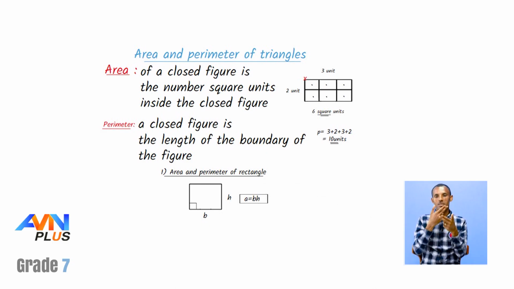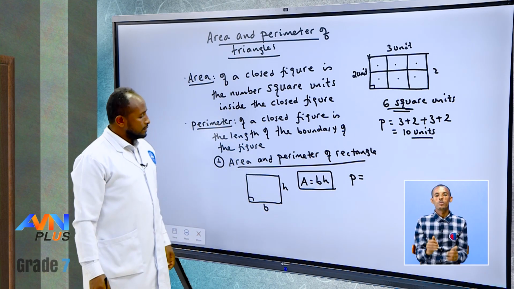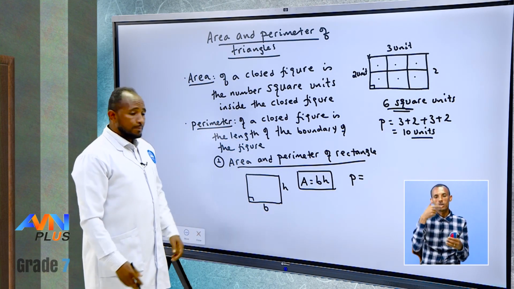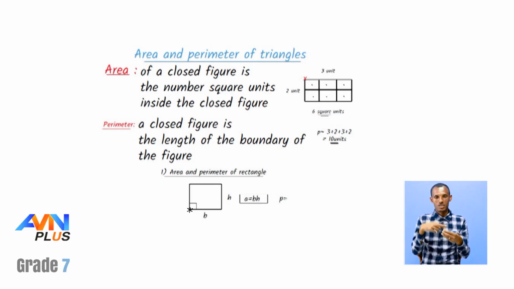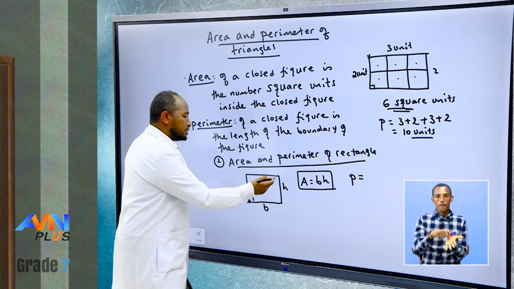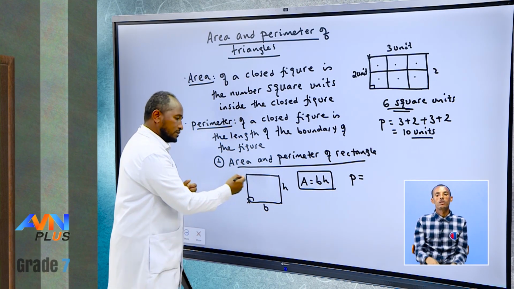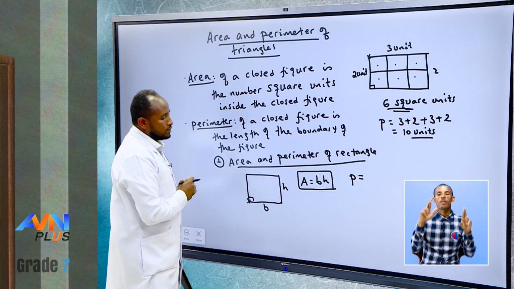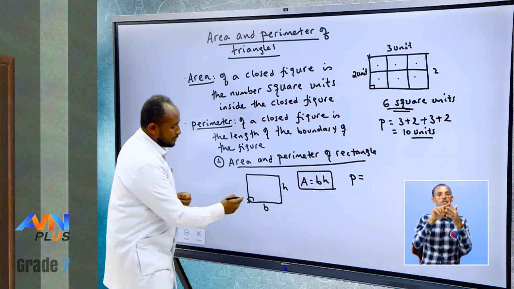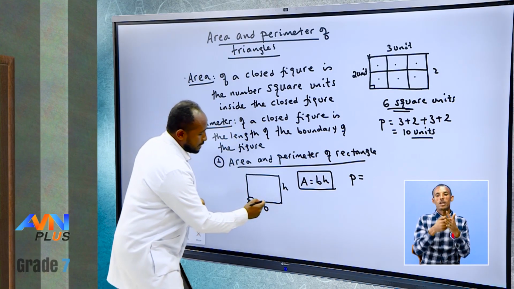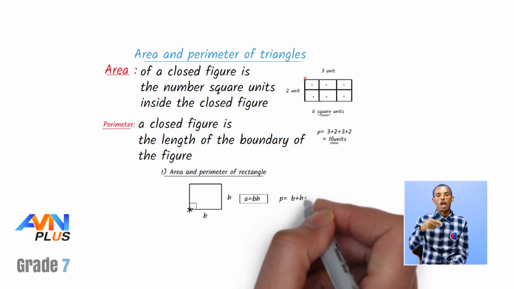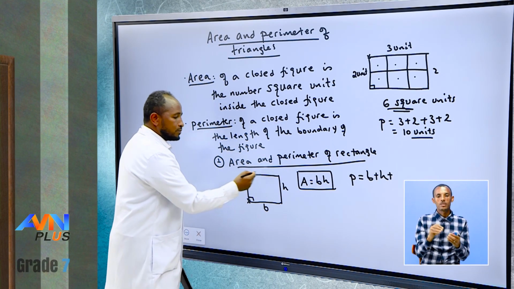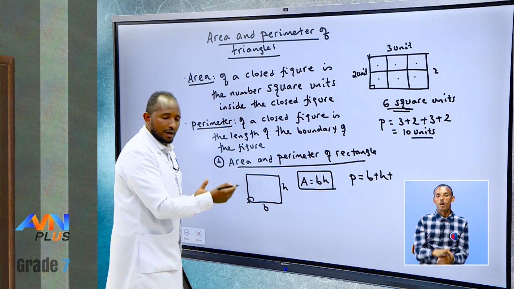And how about the perimeter of this rectangle? As we said earlier, the perimeter is the length of the boundary of the region. Therefore, you start from one point and move around the sides of the rectangle until you reach the starting point. Let's start from this point. This length is B plus this one is H plus this one is also B. You know that the opposite sides of a rectangle are congruent.